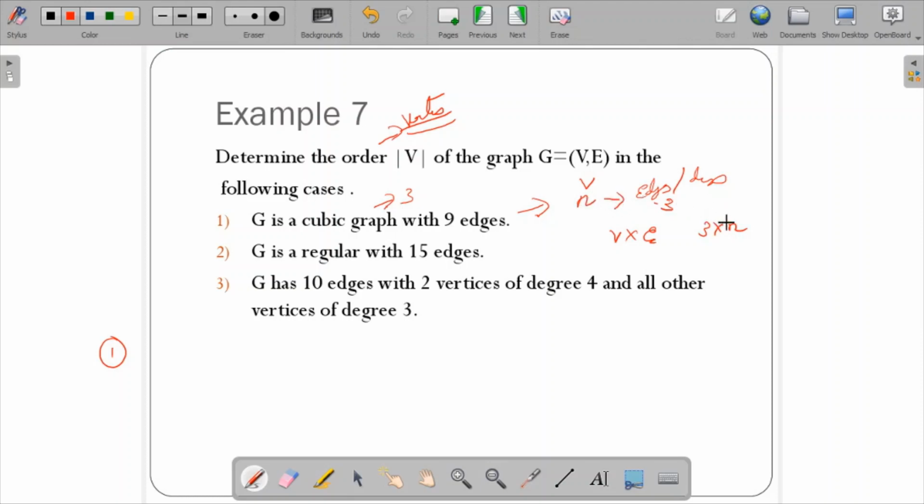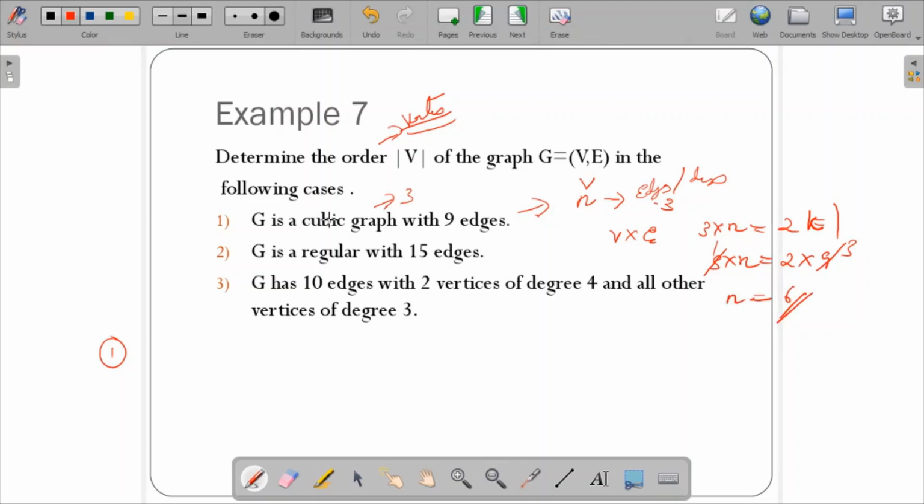So 3 into n is equal to twice the number of edges. He has given 9 edges. So 3 into n is equal to 2 into 9. Find the value of n. It would be n is equal to 6. So the order of G is 6.